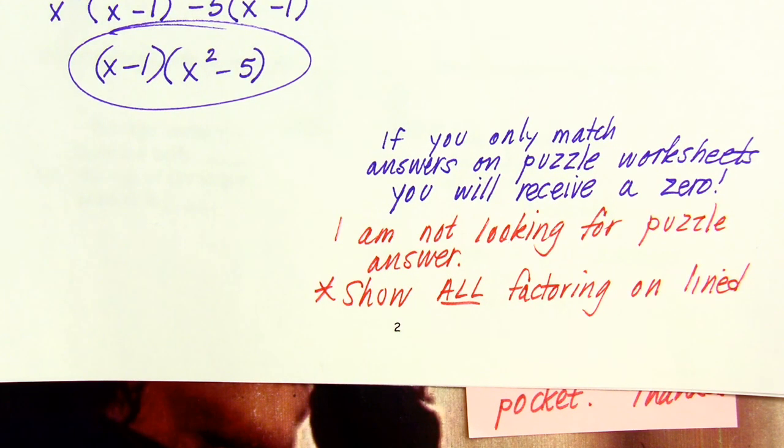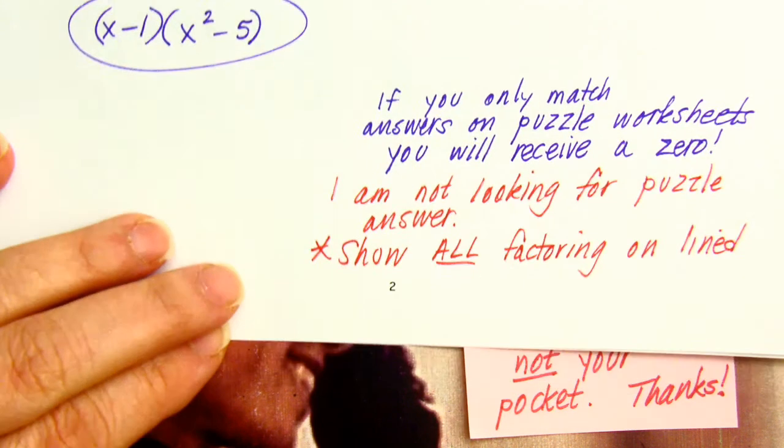You are going to be sunk in the rest of Algebra 2, at least up until February or March, if you do not know how to factor. Factoring is so essential. I can't urge you strongly enough to really learn the factoring. It's got to be learned. You are not going to be able to do the rest of the things that we need to do in this course if you can't factor.